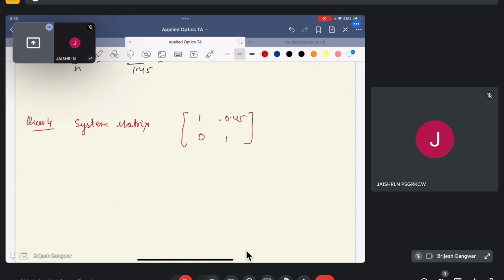We know the matrix is given like [1, 0; -1/f, 1]. So 1/f = 0.45, and f will be 1 by 0.45. Can you calculate?